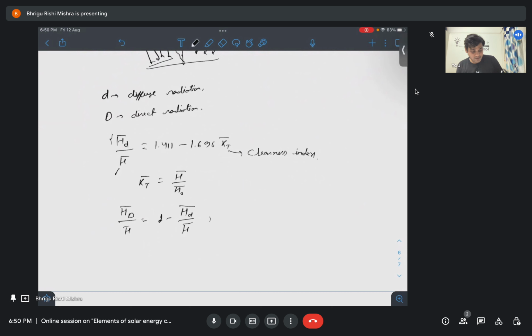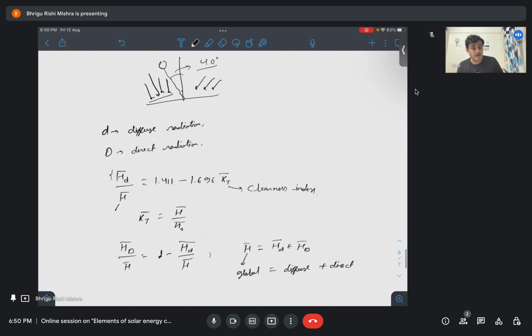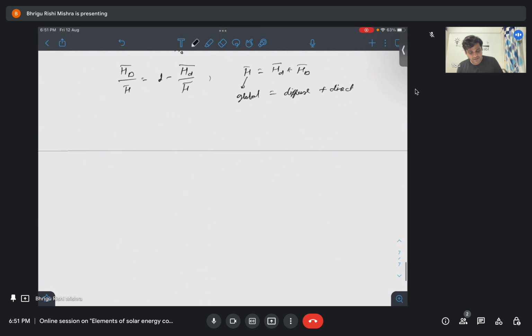So thus H bar is nothing but HD bar plus capital D bar, meaning the global is equal to the diffuse part plus the direct part. Okay, so since we know the values of H bar and H naught bar, we can calculate the KT, that is the clearness index.